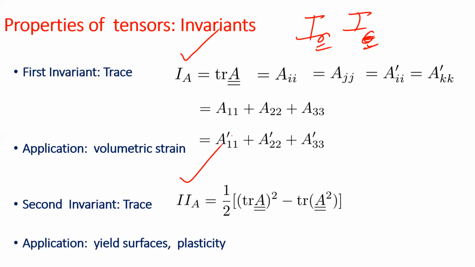Please try to write this expression for the second invariant in indicial notation. Where does the second invariant commonly appear? It appears when you are dealing with plasticity. Fracture mechanics and plasticity are more advanced courses which will involve all these concepts.